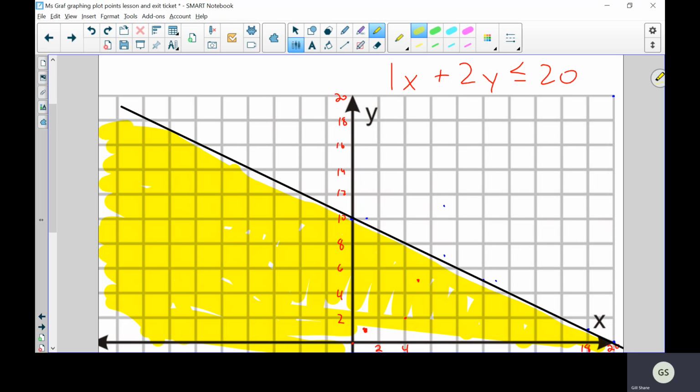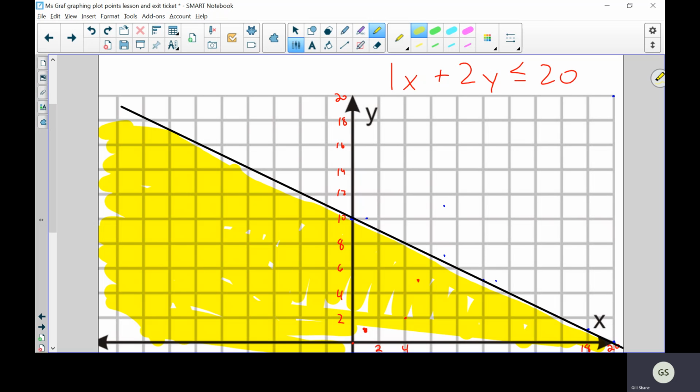Every point, and again, this is a huge, easy thing you need to know, because they guarantee you there's going to be one or two questions on there that are very easy questions, and this is that type of question. If I give you something already graphed, every point in that shaded area is a solution to your inequality.